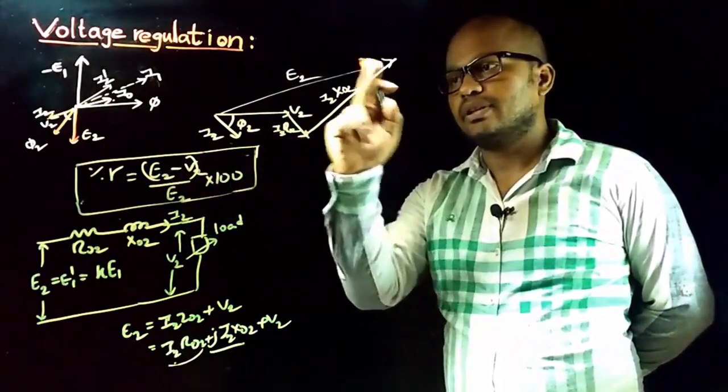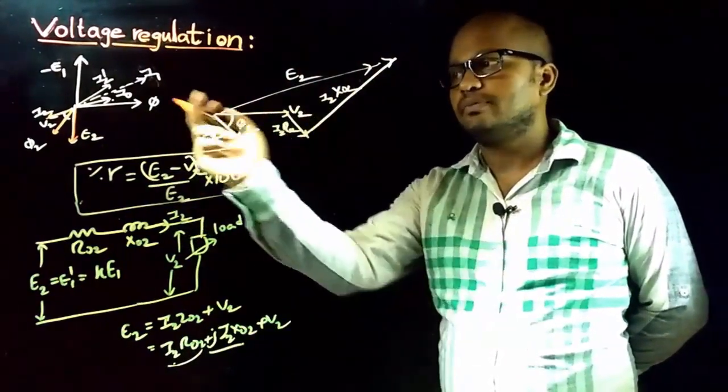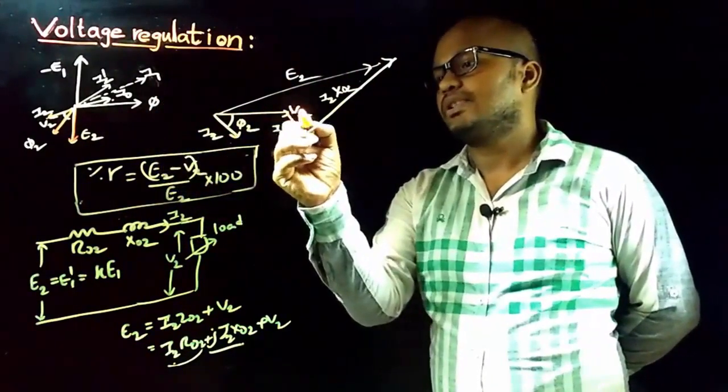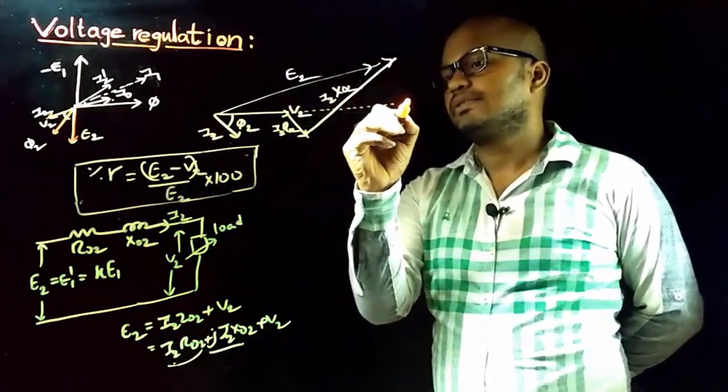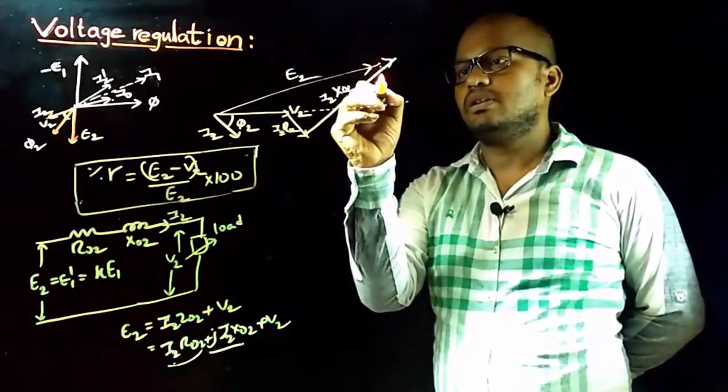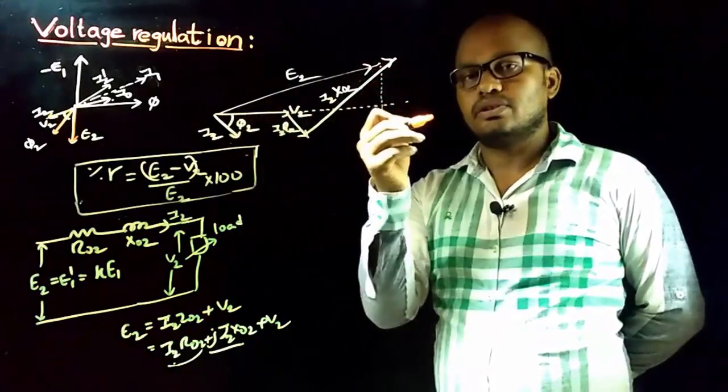Here our task is to find the difference between E2 and V2. For that we are considering this portion of the phasor diagram of the transformer. Now extend this horizontal line like this, and project E2 along the horizontal axis.